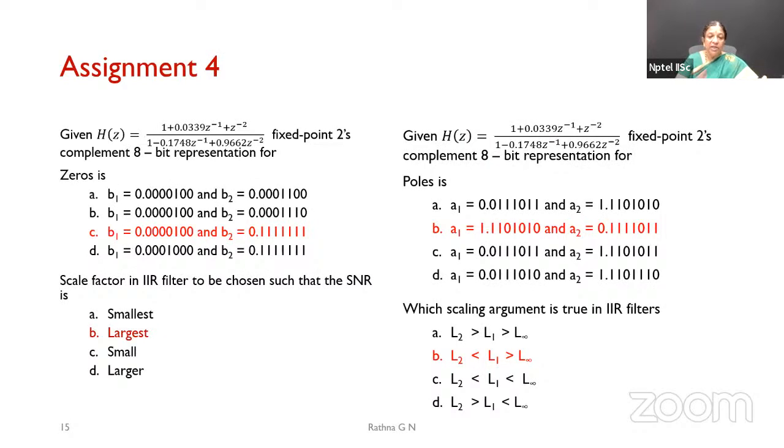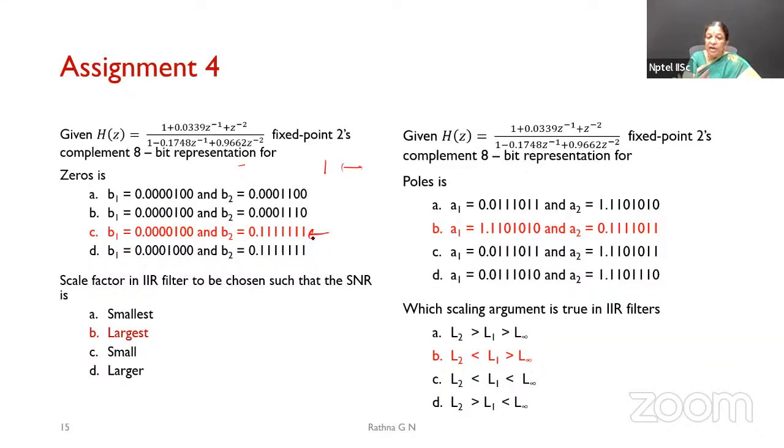And coming to assignment 4, we'll say that it has zeros and then poles. So what will be the fixed point 2's complement in 8-bit representation, what you have to put. If 1 is left out, then you will be allocating 1 sign bit, and the rest of the 7 bits can be for your fractional representation. If you consider B1, B2, this is the correct answer.